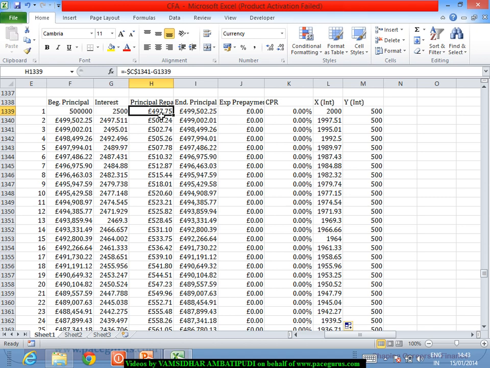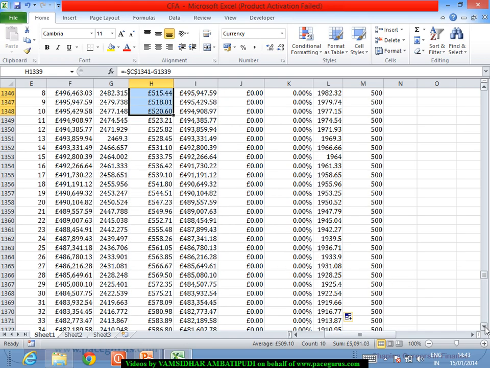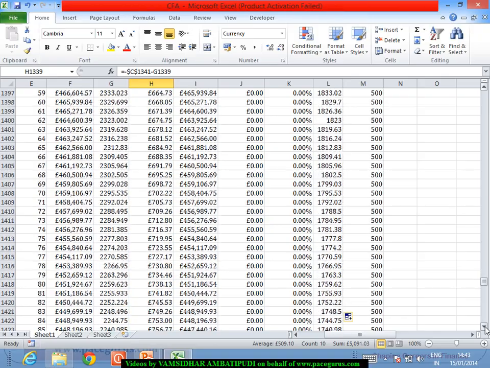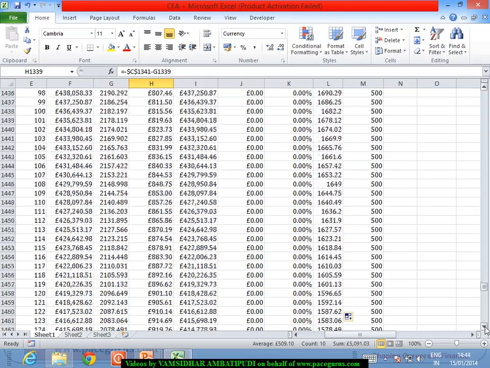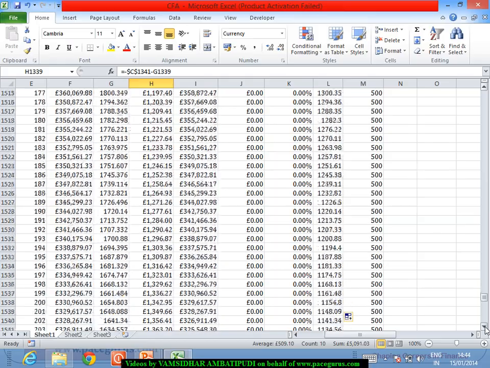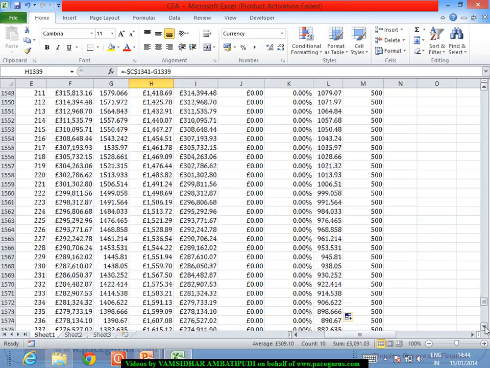X will receive the principal at a priority, whereas Y will be receiving the principal at a later date. So all these initial principals will keep going to X itself. Now, until the loan outstanding comes to 100,000, when is the loan outstanding coming to 100,000?